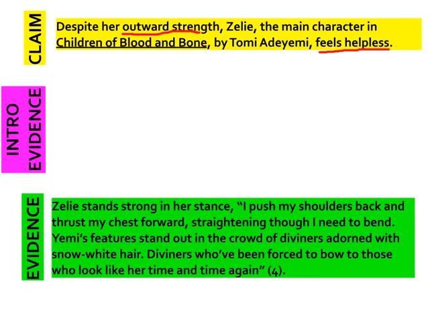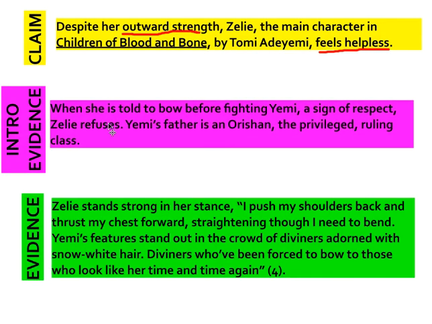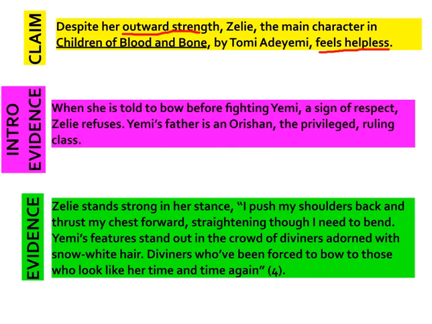So between my claim and my evidence, I need my introduction to evidence. And this is where I am going to ask myself, what does the reader need to know? What does the reader need to understand about this moment in the story to actually understand what's happening here in my evidence? So I felt like it was important that you as the reader understand that she's actually being asked to bow before Yemi and that she's in a fight with her.